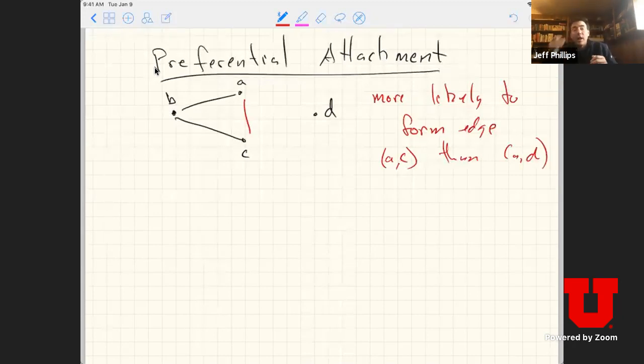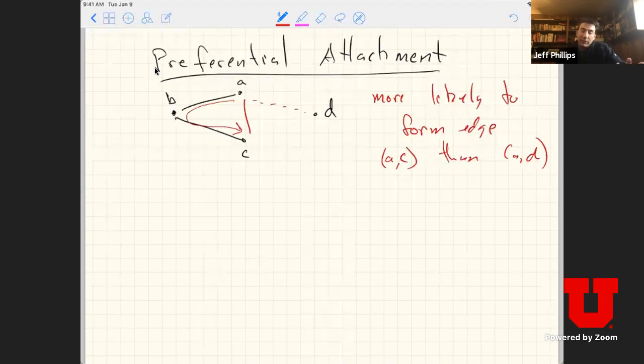A random edge from A to D would be like a random edge being formed under these old models, whereas AC says, if there exist some connections and I can get there with one hop, then I'm more likely to form this edge.